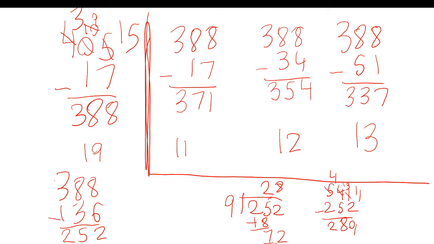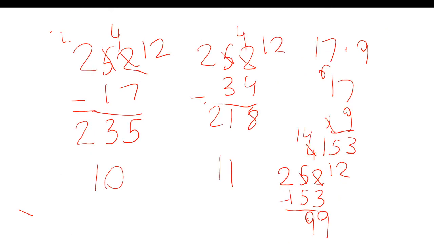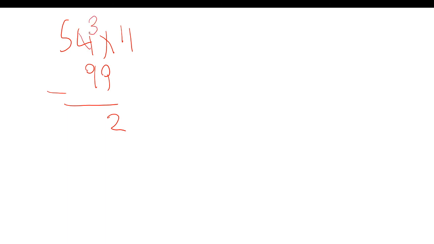We have a 289, we have a 99 out here. Let's subtract that 99 off from this 541, and again, this should give us a multiple of 17. Now I take this out, I'm going to get a 2 over here, and then over here I have an 11. It should be a 3.